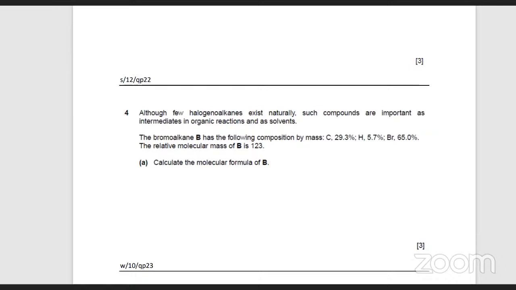So for example if I have MgCl2, ठीक है. Can you tell me the percentage composition of this thing?